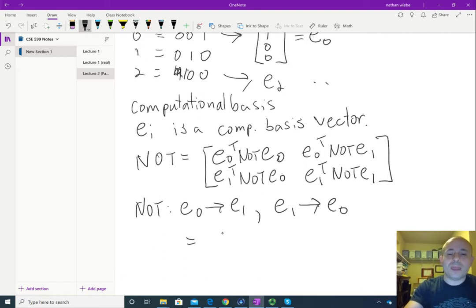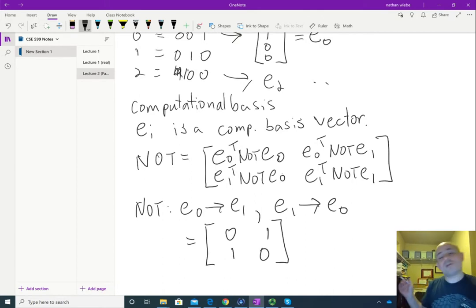And so the matrix representation for the NOT gate in the computational basis is then 0, 1, 1, 0.